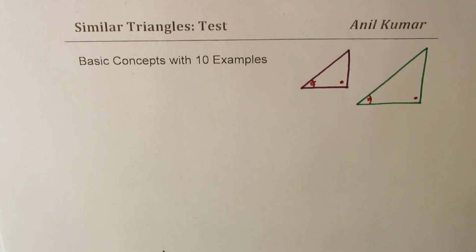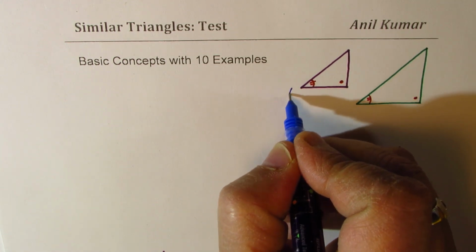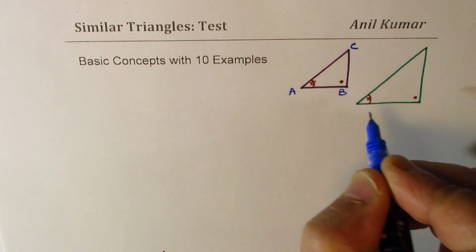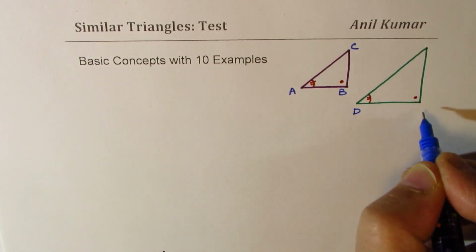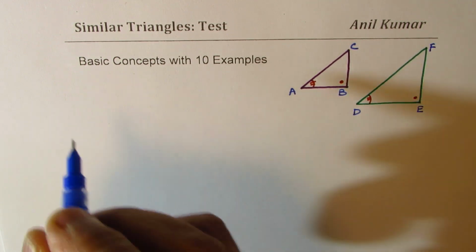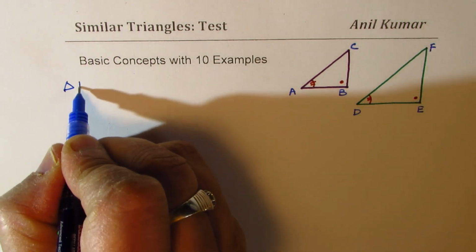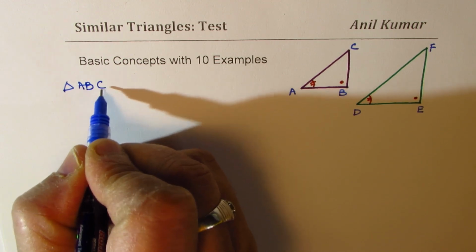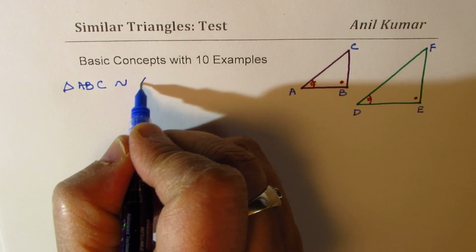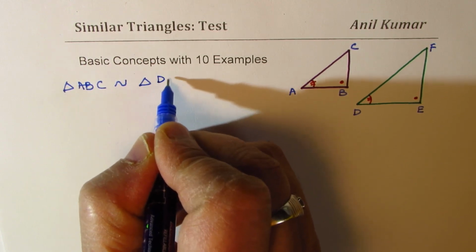So we can now say that triangle ABC is similar to triangle DEF. And we write it like this: triangle ABC is similar, that is the sign for similar, to triangle DEF.